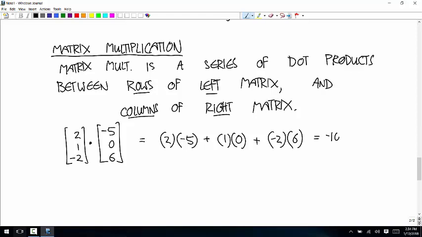So that's -10 plus 0 plus -12 or -22. So notice that the output of a dot product, even though you're inputting two vectors, the output is always a scalar. And that's why people a lot of times call that the scalar product also.